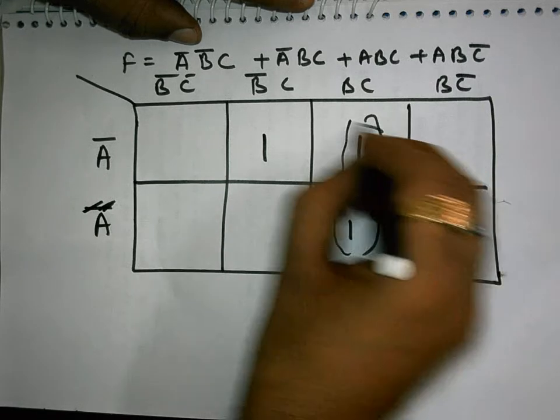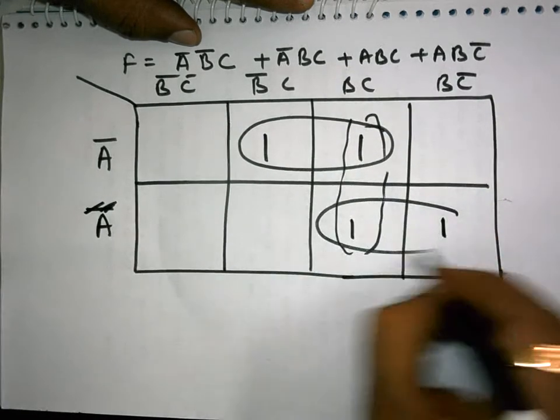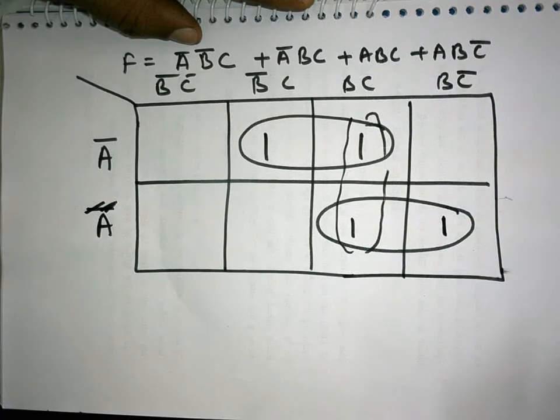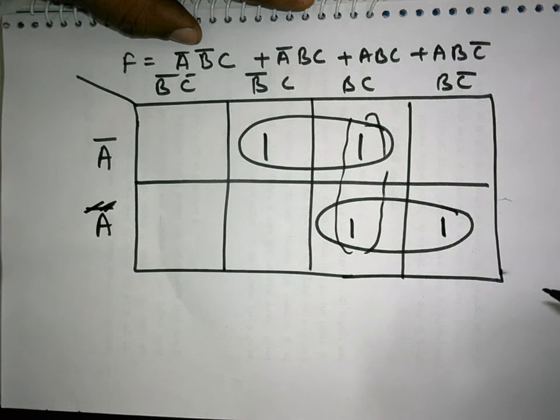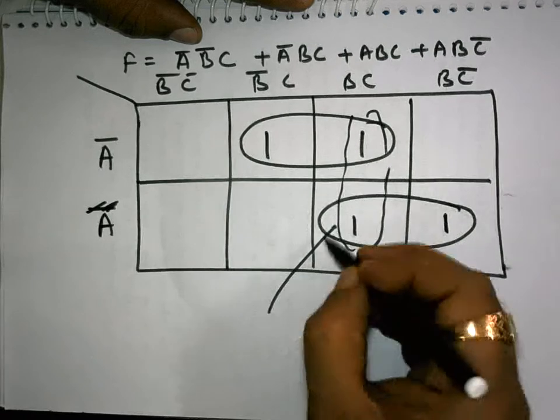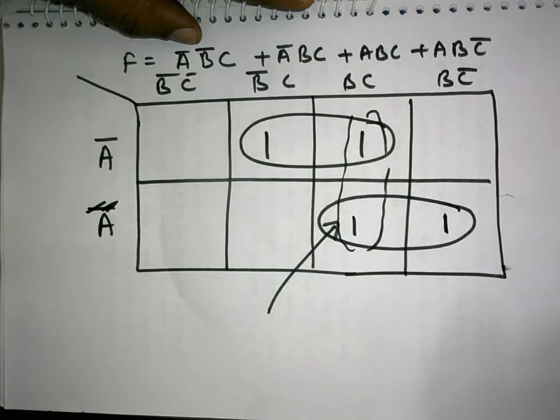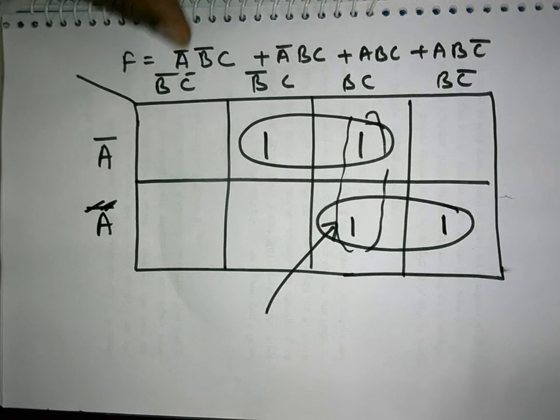Why? Because this is a wiser thought to encircle these two ones like this, and in this situation this will become non-prime implicant, non-essential prime implicant. This is prime implicant, but it is not essential. Okay. So let us stop over here.